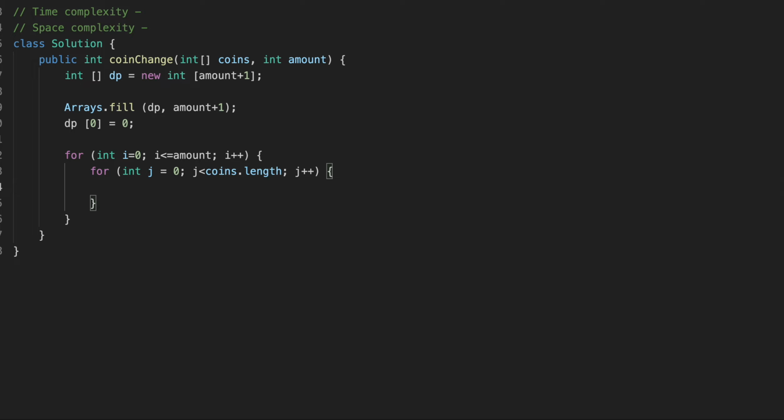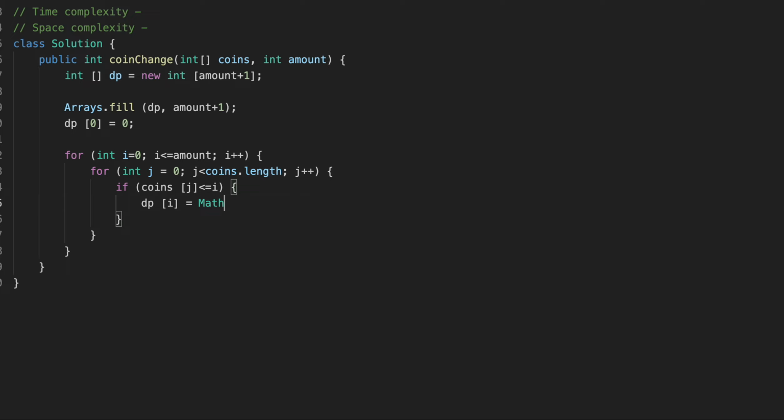So first thing that we are checking is whether or not we can use that coin, right? For that, we are considering if coins[j] is less than or equal to our amount, to i. Otherwise we cannot use it. If it is, then in that case we are selecting the value for our amount.